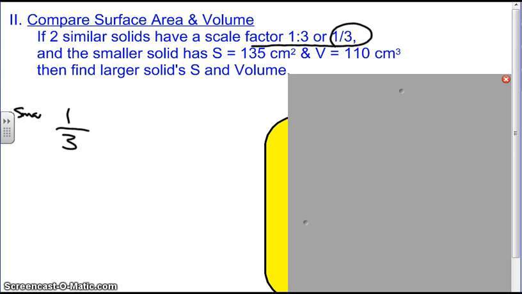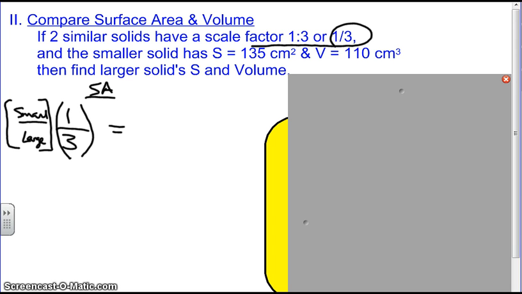Small on top compared to the larger number or the larger solid on the bottom. That's just a little note, okay? So we have that factor of 1 to 3, but right now we're talking about surface area. And we know that area, we must take that ratio, and because we're talking area, we don't just leave it by itself, but we square it, because area is squared, right?